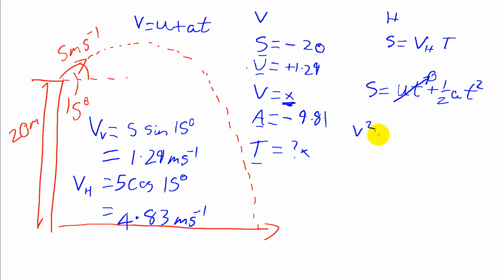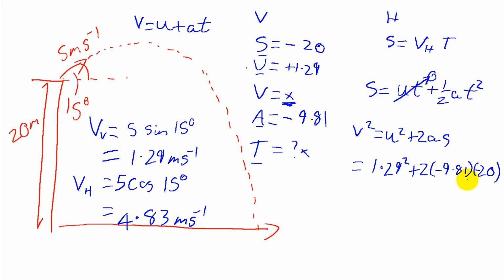And that's v squared equals u squared plus 2as. Substituting into this, we have 1.29 squared plus 2 times minus 9.81 times minus 20. So that's our a and that's our s. This will give us v squared, so then we'll want to root it.